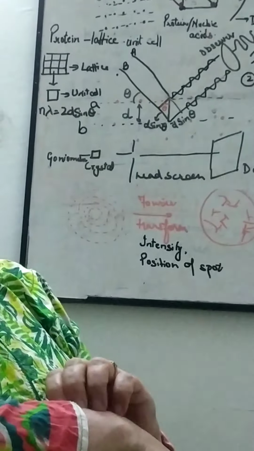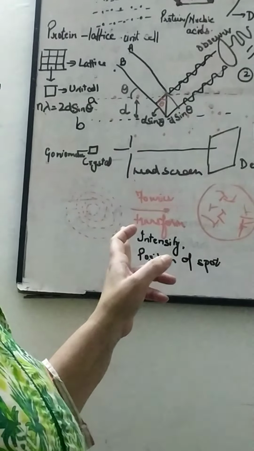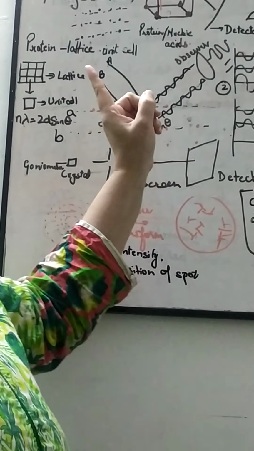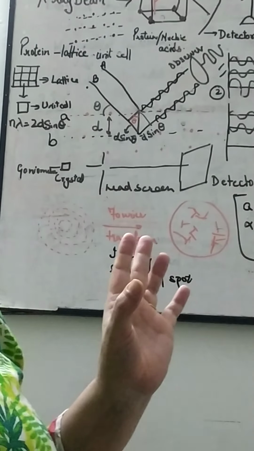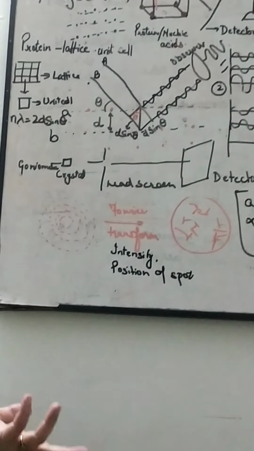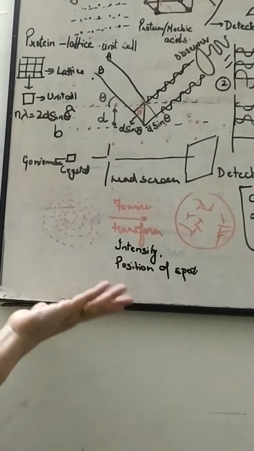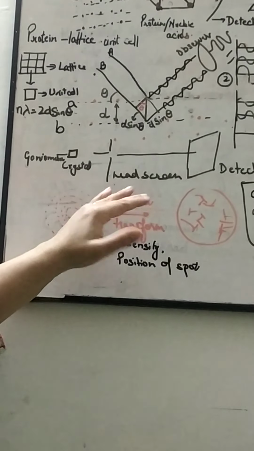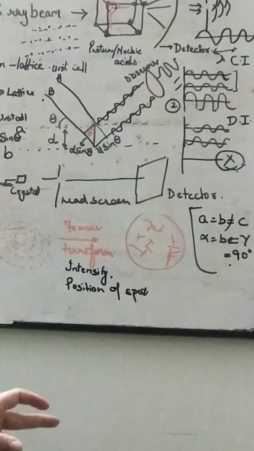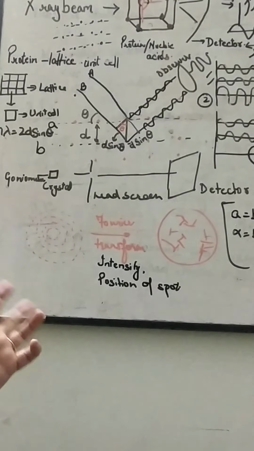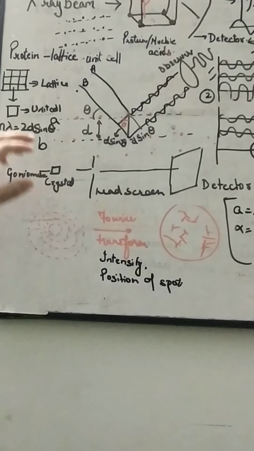Bragg's law is nothing but the condition for constructive interference, the condition in which we will see the maximum amplitude for the resultant waves. Otherwise, if the resultant waves have destructive interference, we won't be able to observe them, or we won't be able to observe them with clarity.